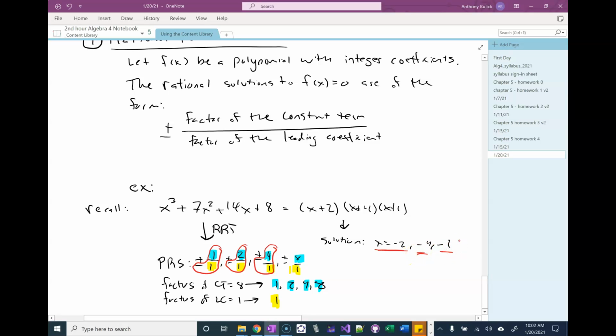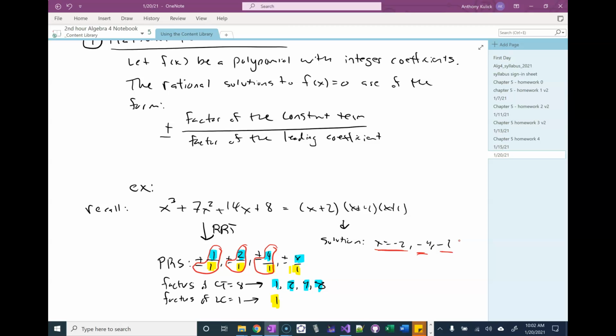So here's the big takeaway. We're going to start with some polynomial that we don't have any idea what the factors are. We can use the fundamental theorem of algebra to know how many solutions we should be looking for. We can use the rational roots theorem to figure out the possible rational solutions.